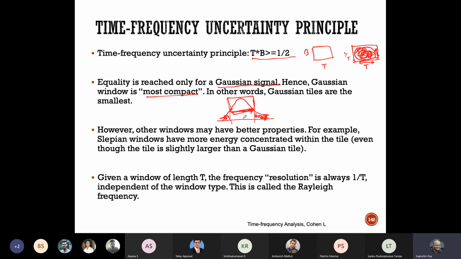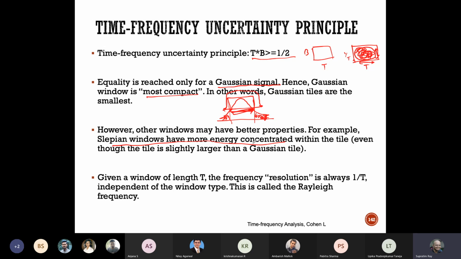Now you can actually say, is it possible for me to have a slightly bigger tile? So the tile is slightly bigger, but more energy is concentrated inside the tile. That is what a Slepian window is.